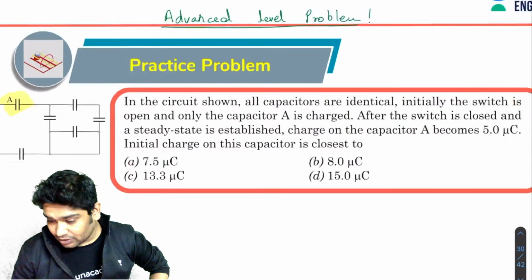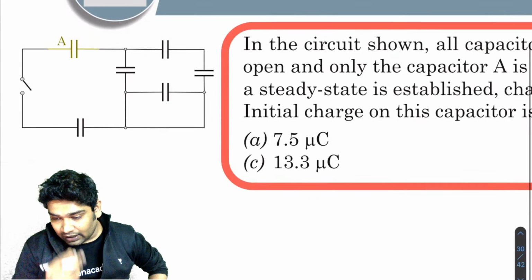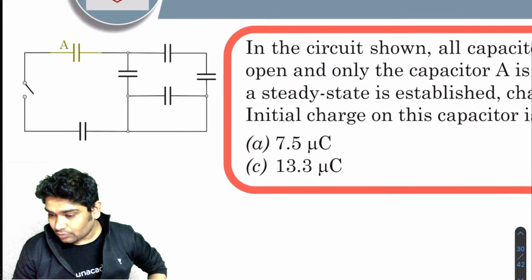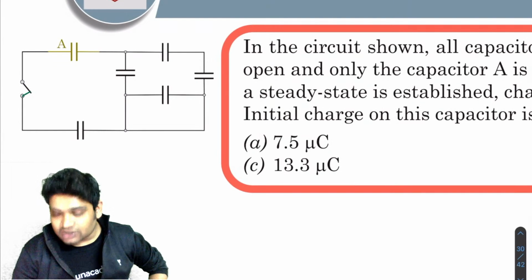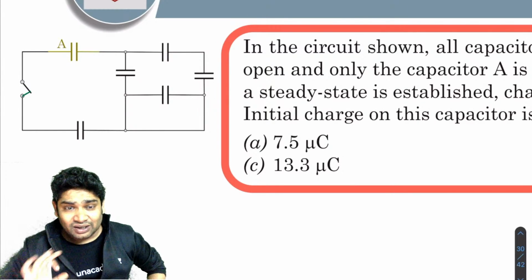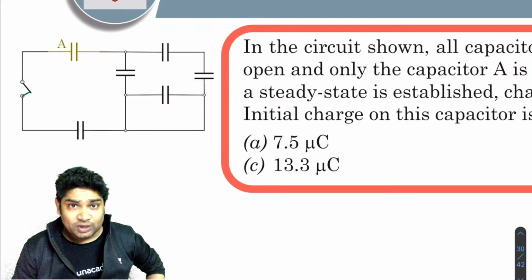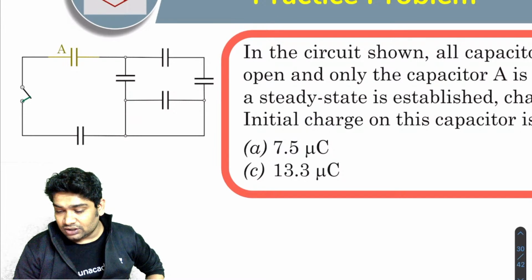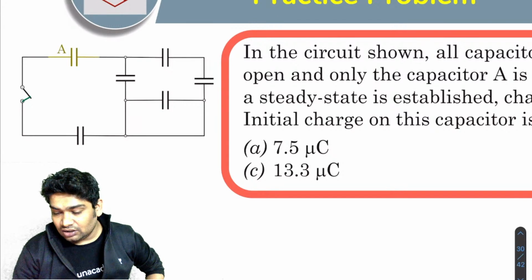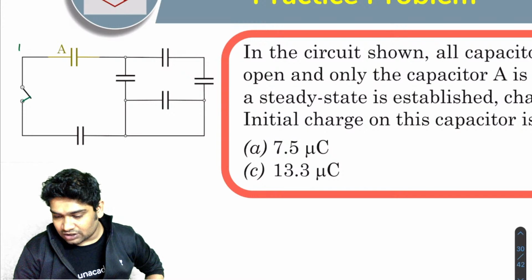In fact, so first of all, when I close the switch, let's just mark some potentials at different points, and let's try to draw a simplified version of this circuit. Okay, so this is capacitor A. Let's start naming some points. Let's call this point 1. So this also becomes 1.